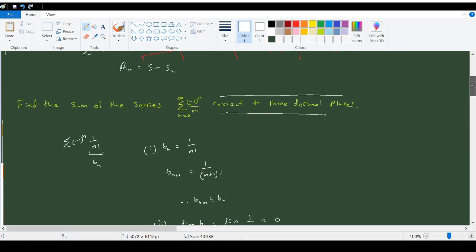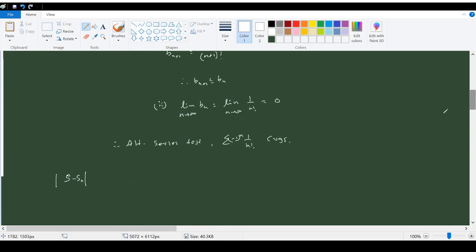at least correct to 3 decimal places. So let's take something like this. Suppose the exact value is equal to, let's say, 1.12345, just for the sake of explanation.